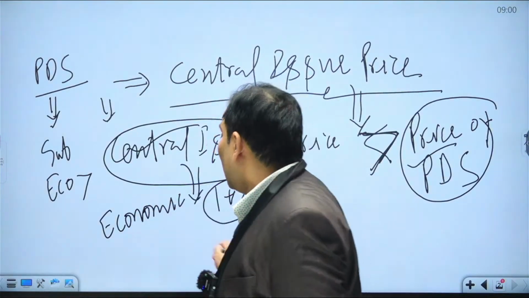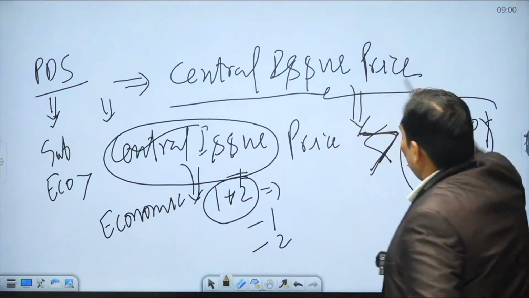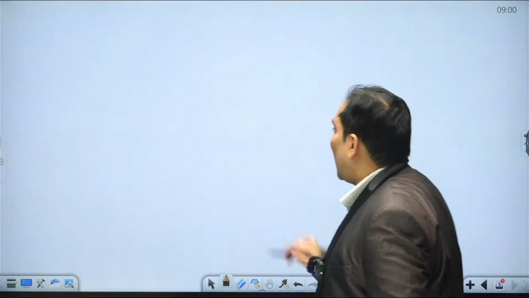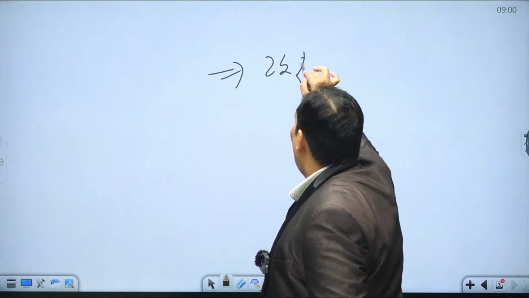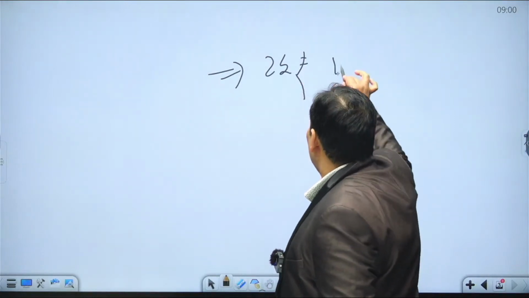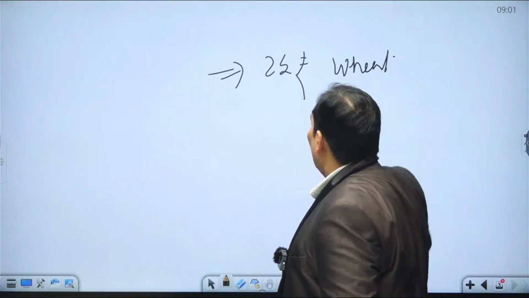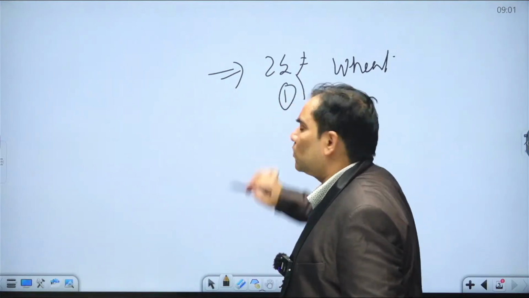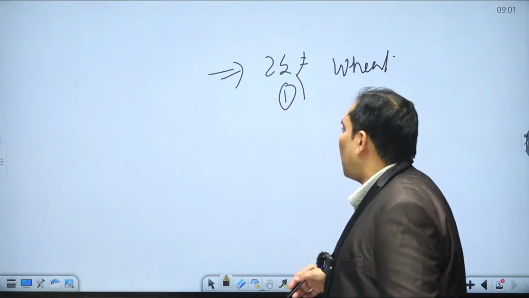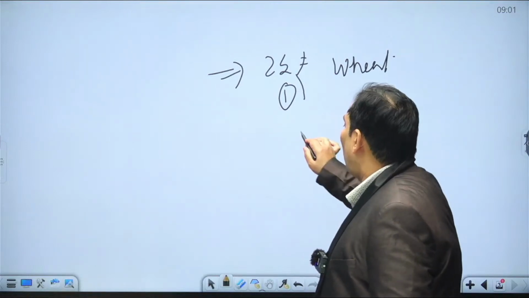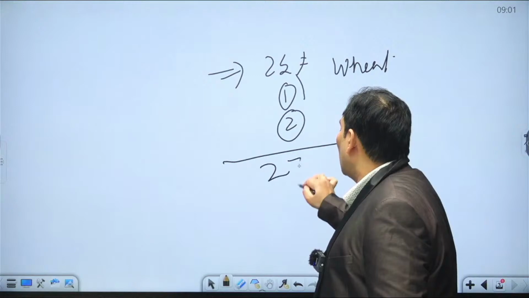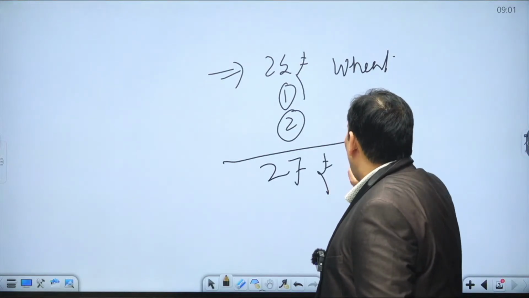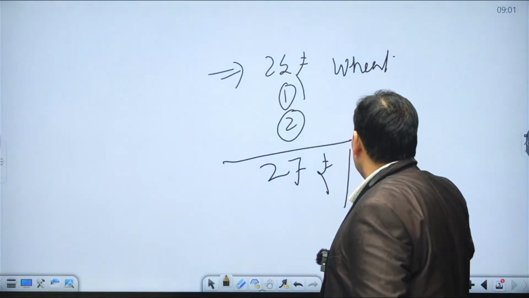Suppose they purchase from the farmer at 25 rupees per kg of food grain, say wheat. For storing they spend 2 rupees, 1 rupee, and for transporting they spend too. So the economic cost is going to be 27 rupees per kg.